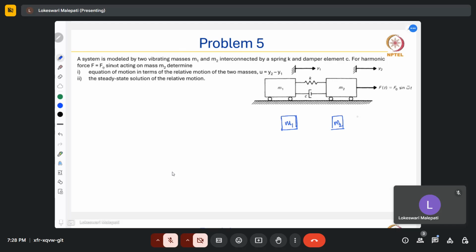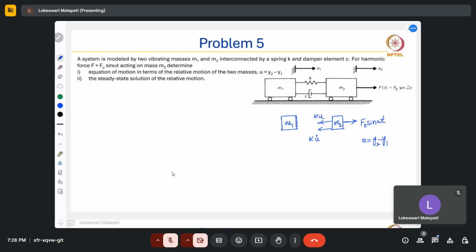On this, there is an external force F naught sine omega t, and because of this external force, it got disturbed, and there will be restoring force K times u and also C times u dot. So how is this u? u is equal to y2 minus y1.